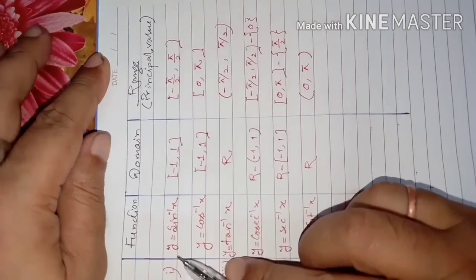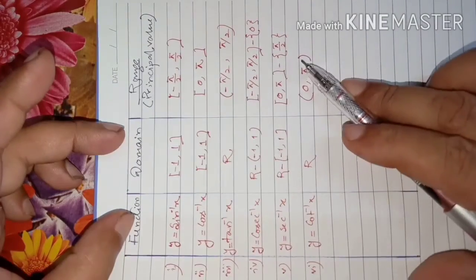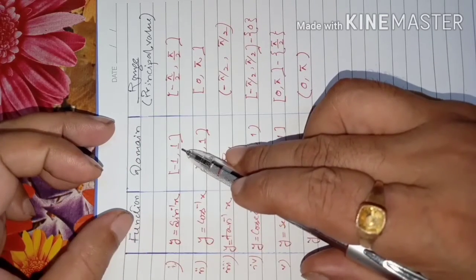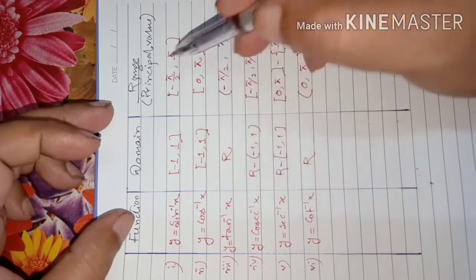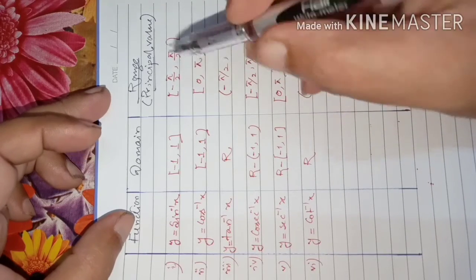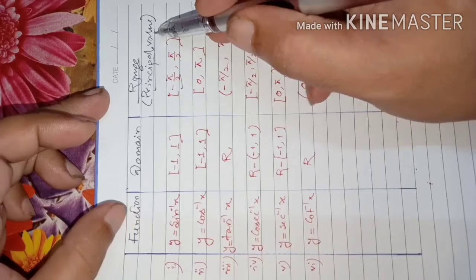So we'll study the inverse functions, their domain and range, just now. Here is the whole list of inverse functions and their domain and range. So you see here, students, for sine inverse, the domain is -1 to +1 in the closed interval, and the principal branch is -π/2 to +π/2. The values which lie in this interval are called the principal value for the sine inverse function.